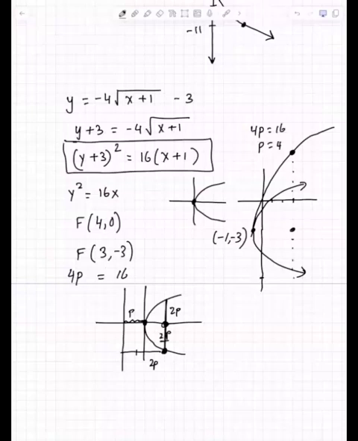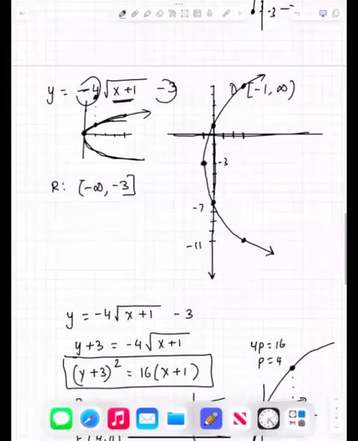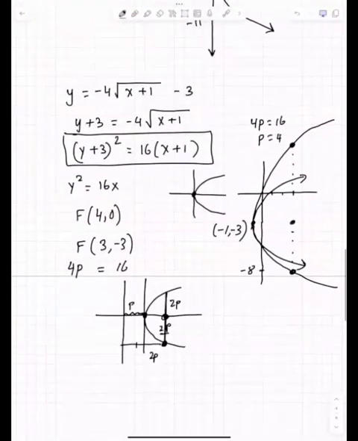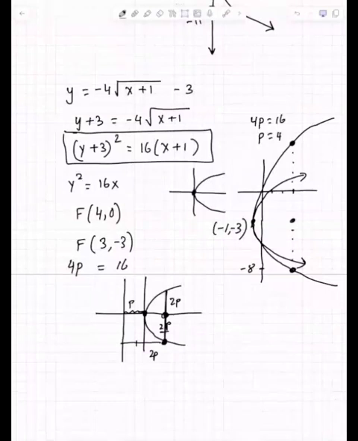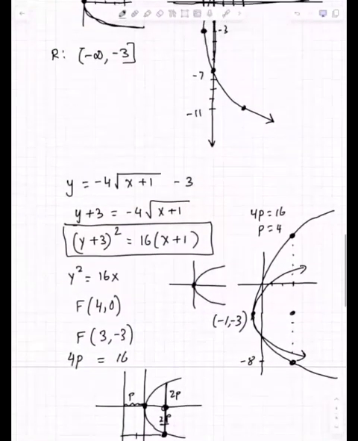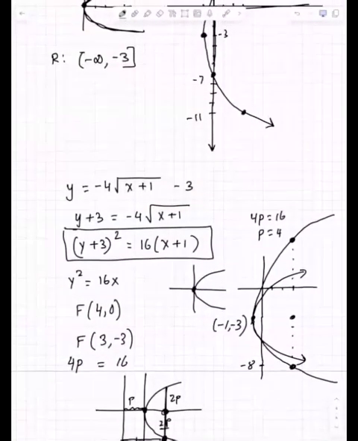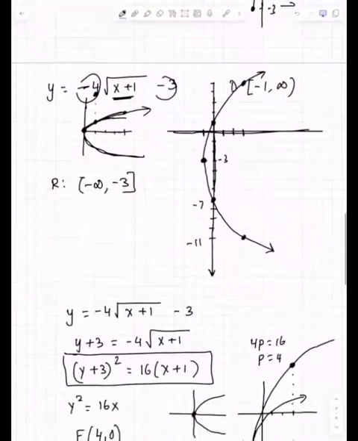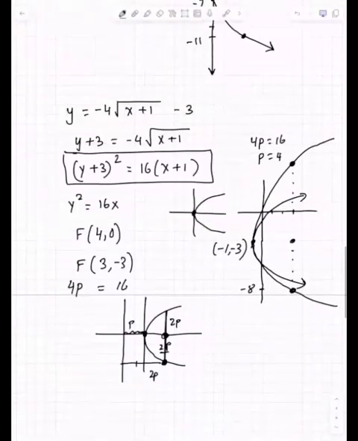It's at negative 8. And I think that those are the, yep, that's it. That okay? All right.